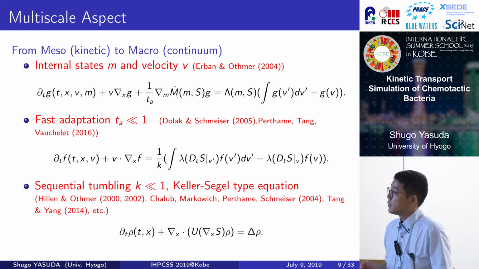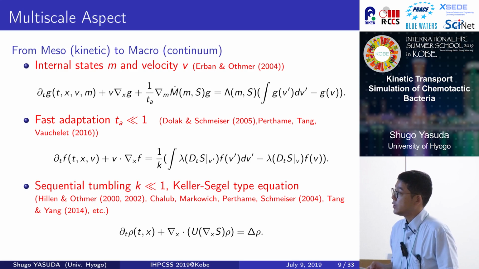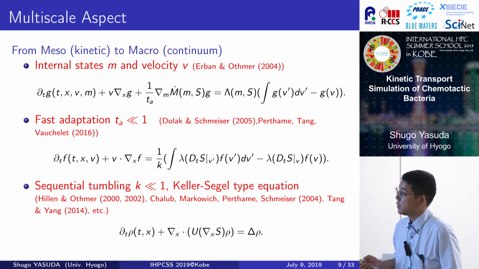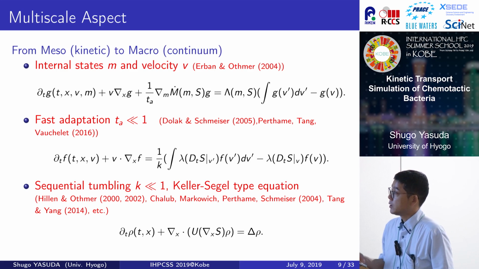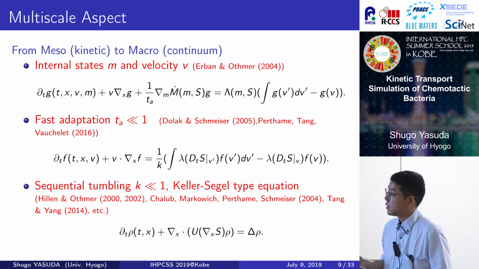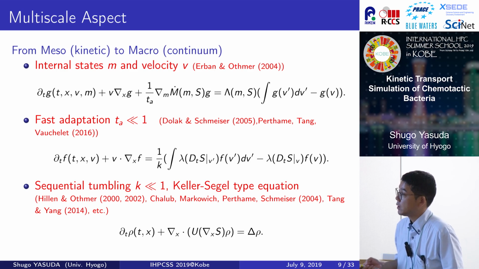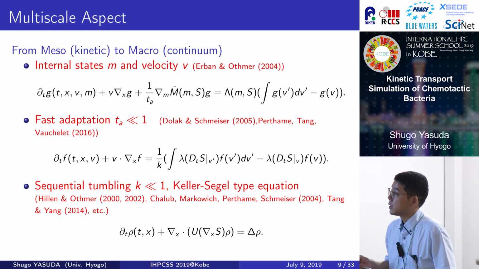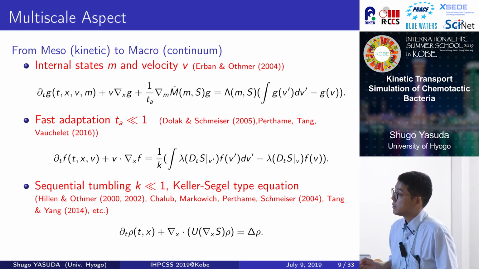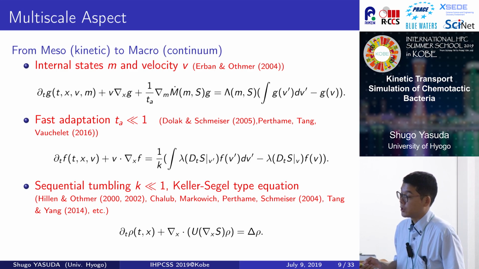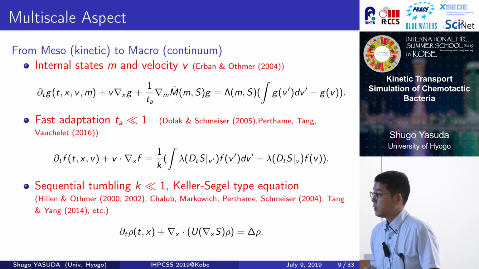This model was derived by Dolak and Schmeiser, independently from Erban and Othmer. And now recently, Perthame, Tang, and Vauchelet rigorously proved that this model is derived from this microscopic model in the fast adaptation limit.